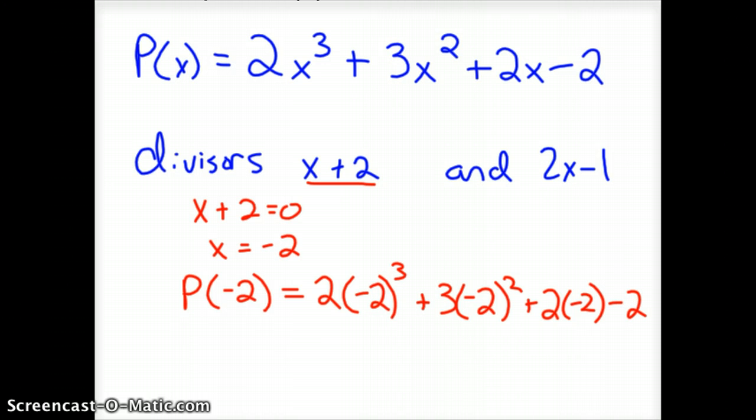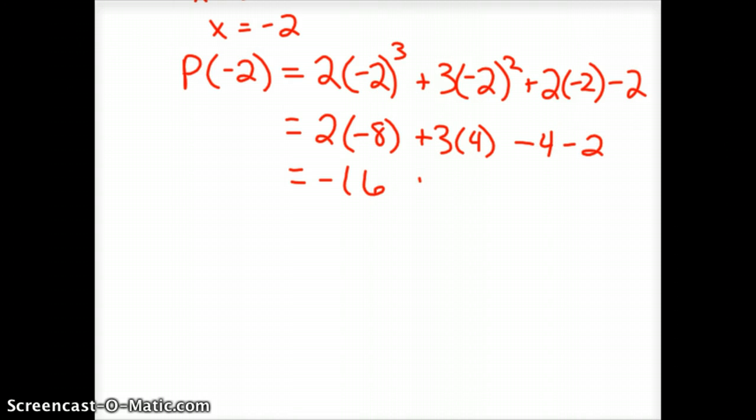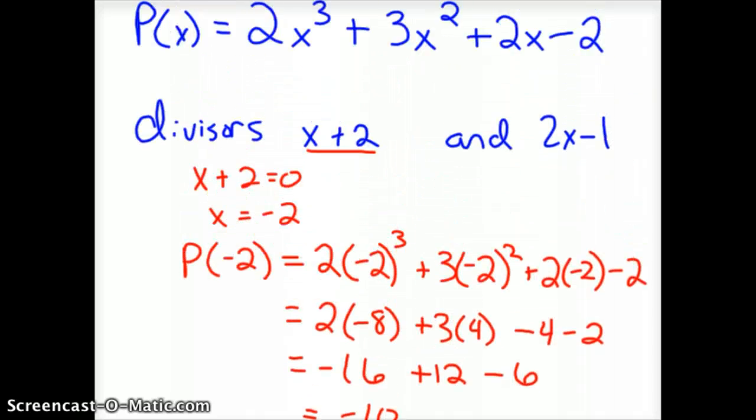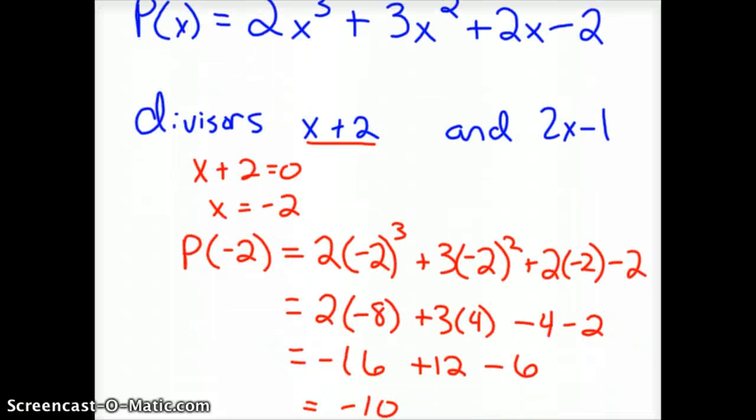And if we keep on working that down, that would be 2 times negative 8 plus 3 times 4 minus 4 minus 2, which would be negative 16 plus 12 minus 6. And that should give me negative 10. Okay, which it does. So negative 10 is the remainder if I were to divide that polynomial p of x by x plus 2.